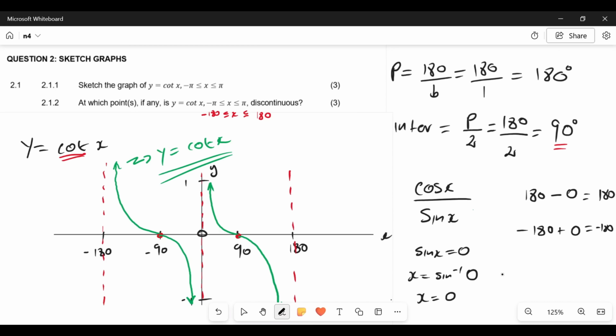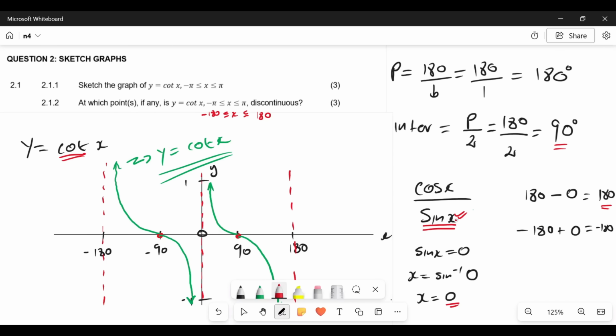Remember, for a function to be discontinuous, it should be divided by 0 when you substitute them. So we are actually dealing with sin there. If we substitute x, which is 0, this is going to give us 0. Also, if we substitute 180, that is going to give us 0.